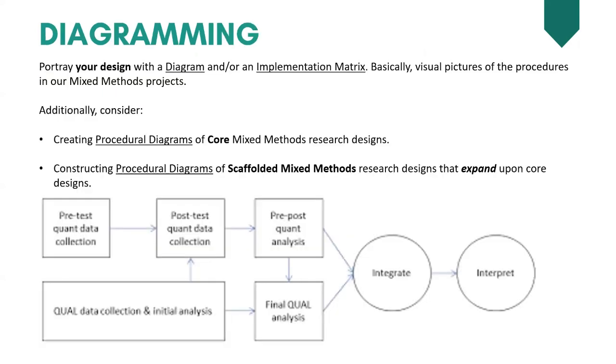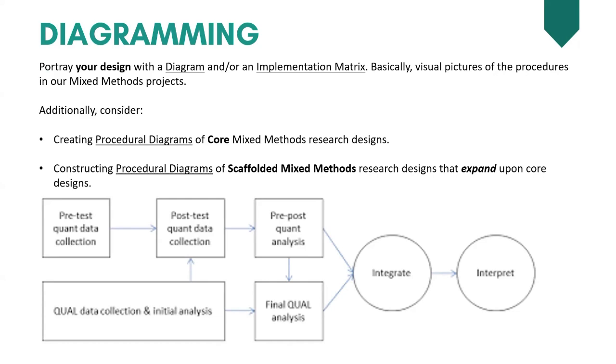So this is where diagramming comes into it. And diagramming is a way of visually portraying your design. And it's either using a diagram or an implementation matrix. So I'm going to start with diagramming first, because it's really a visual picture of the mixed methods project.